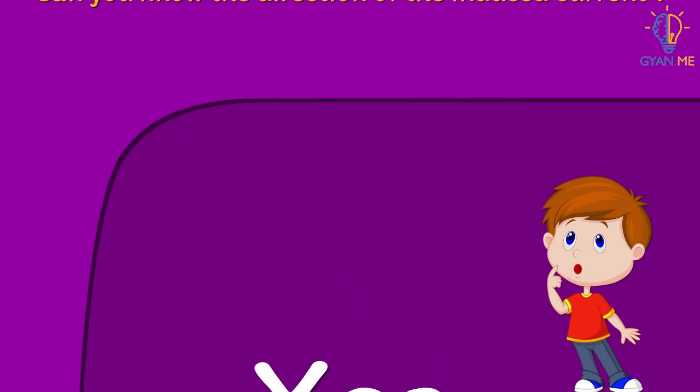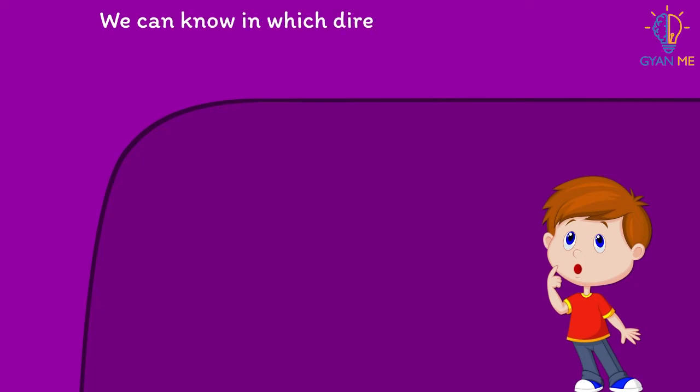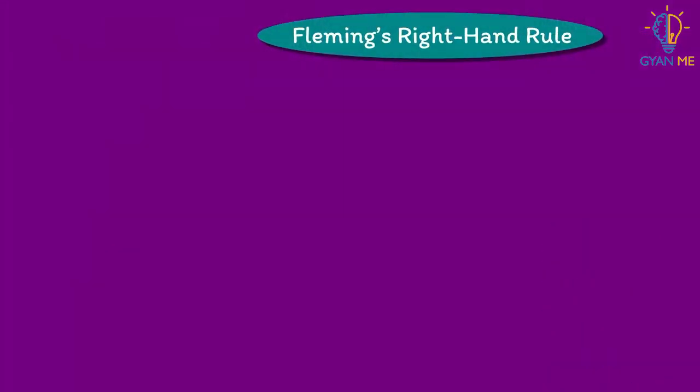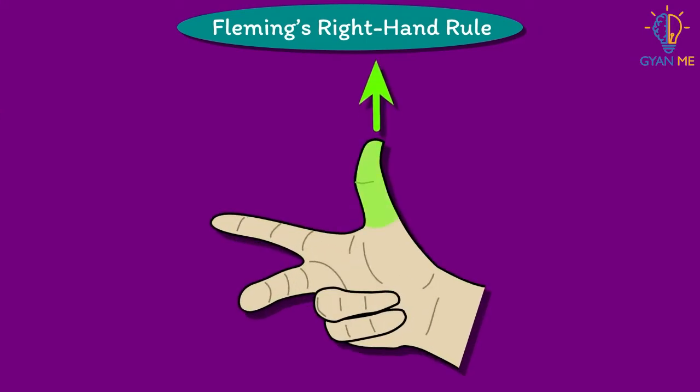Now students, can you know the direction of the induced current? Yes, we can know in which direction current is induced by using a simple rule called Fleming's right-hand rule. According to this rule, stretch the thumb, forefinger and middle finger of the right hand so that they are perpendicular to each other, as you can see on your screen.